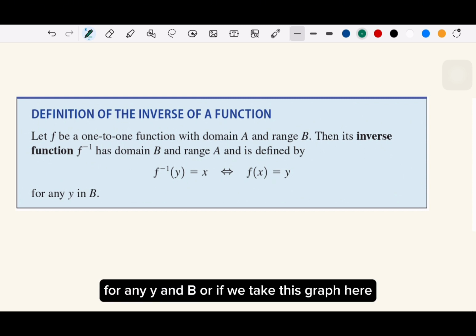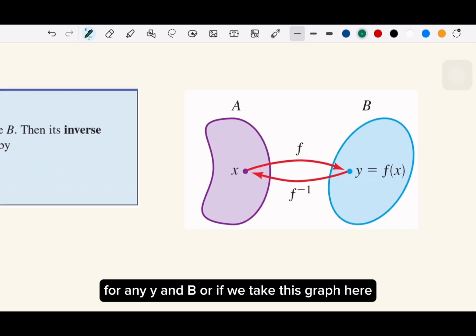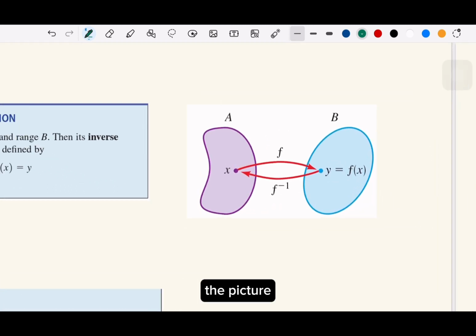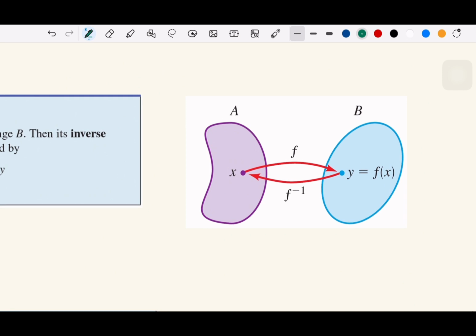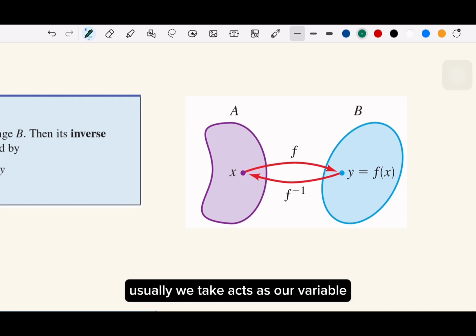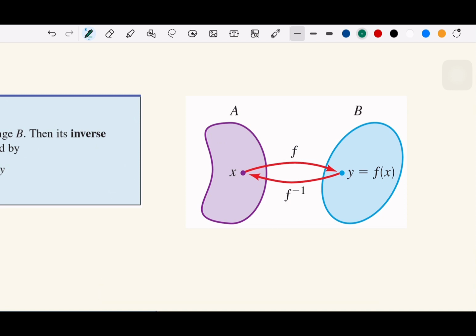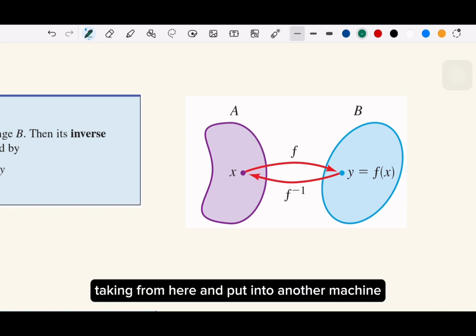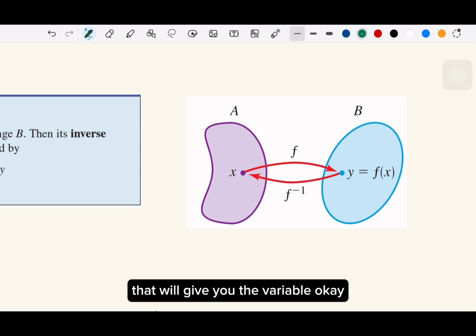For any y in B, or if we take this graph here, the picture: usually we take x as our variable, put it into our f, and get the function. So the inverse is actually taking the output and putting it into another machine that will give you the variable.